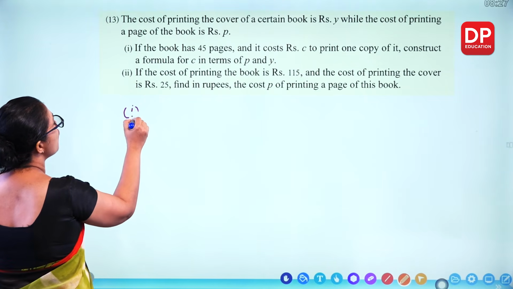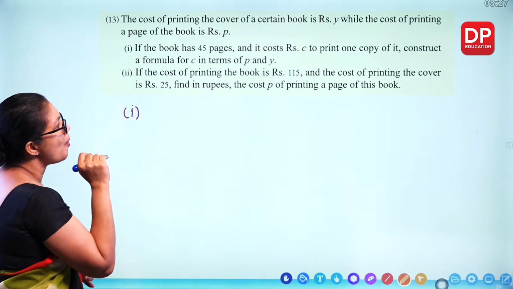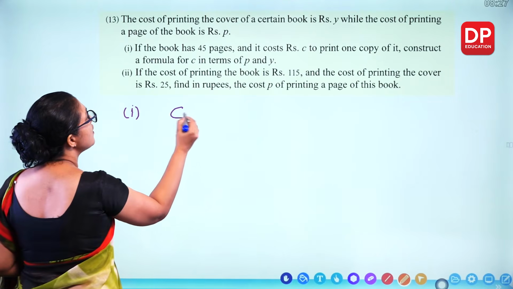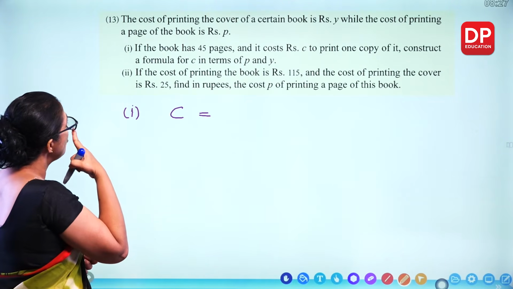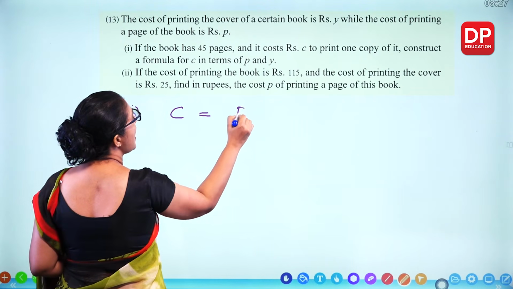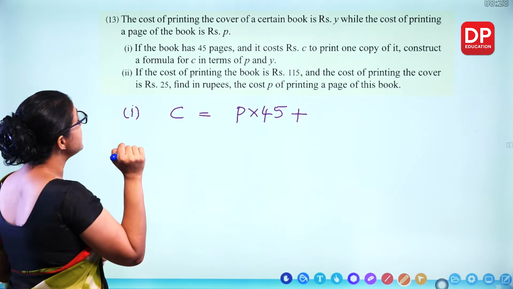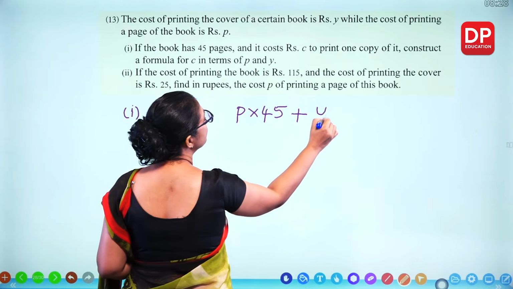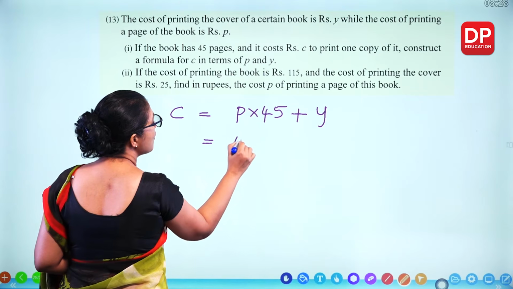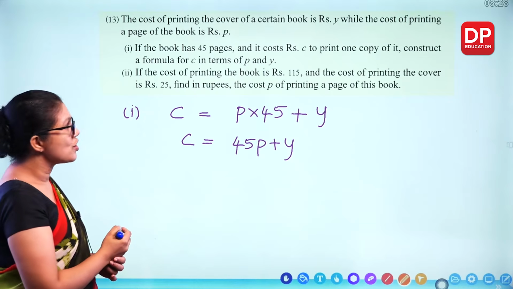If the book has 45 pages and it costs C rupees to print one copy of it, construct a formula for C in terms of P and Y. So the total cost C is equal to one page is P rupees and there are 45 pages, plus the cost of printing the cover page, that's Y. So that's the equation. When you write it down properly, you get 45P plus Y equals C.